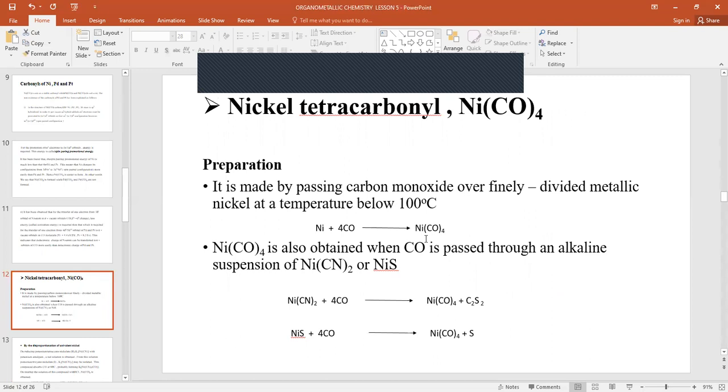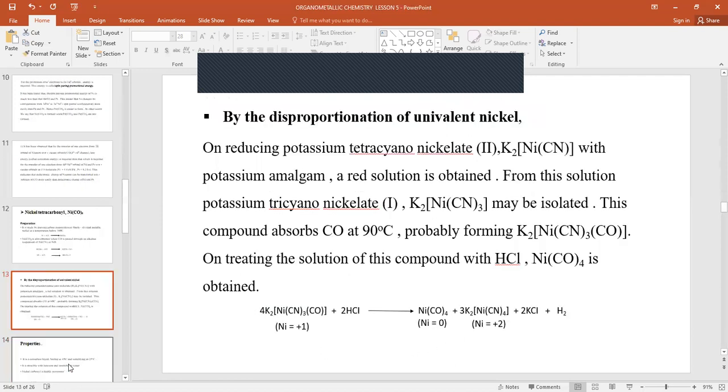Nickel tetracarbonyl can also be obtained when carbon monoxide is passed through an alkaline suspension of nickel cyanide or nickel sulfide. So nickel cyanide plus carbon monoxide gives nickel tetracarbonyl, or nickel sulfide plus carbon monoxide gives rise to nickel tetracarbonyl.